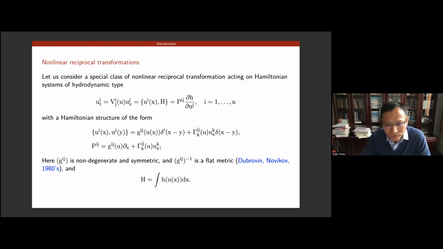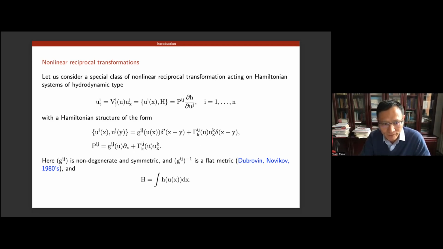This kind of infinite dimensional Hamiltonian structure was studied by Dubrovin and Novikov in the 80s of the last century. It is given by a non-degenerate symmetric matrix g^{ij}, the inverse of which gives a pseudo-Riemannian flat metric, and Γ^{ij}_k is given by the Christoffel symbols of the Levi-Civita connection of this metric.